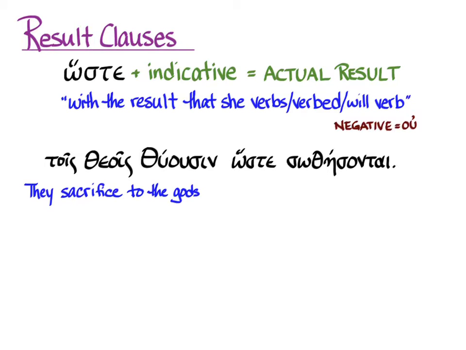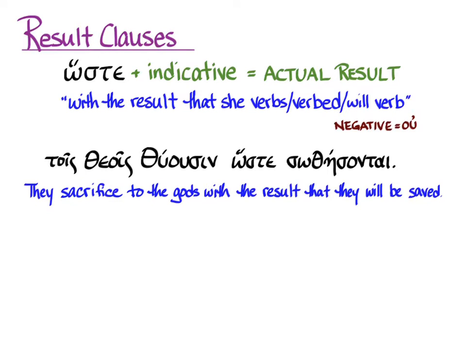Hōste sōthēsontai, with a nice indicative verb after the hōste, is going to give us an actual result. What is the result of the fact that they sacrifice to the gods? And Greek's hōste sōthēsontai then reflects this idea: with the result that they will be saved. They sacrifice to the gods with the result that they will be saved.